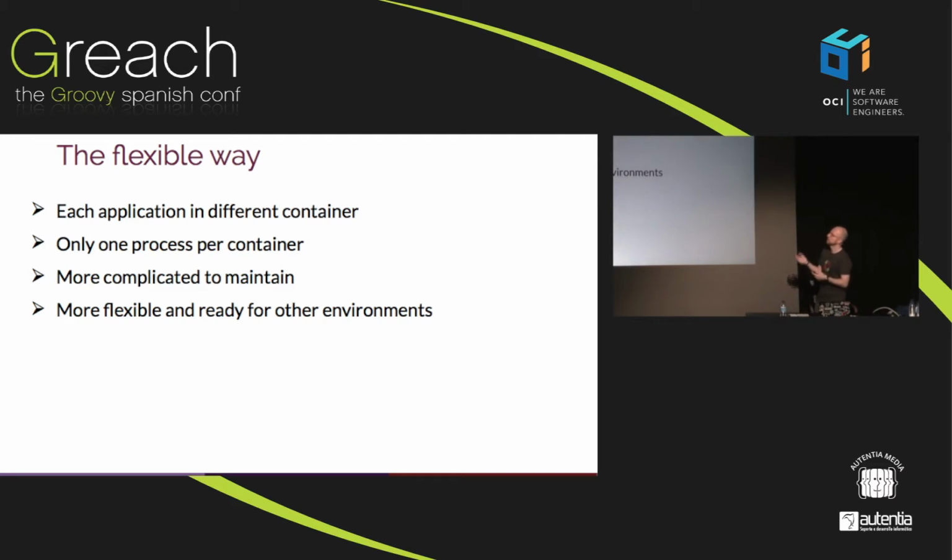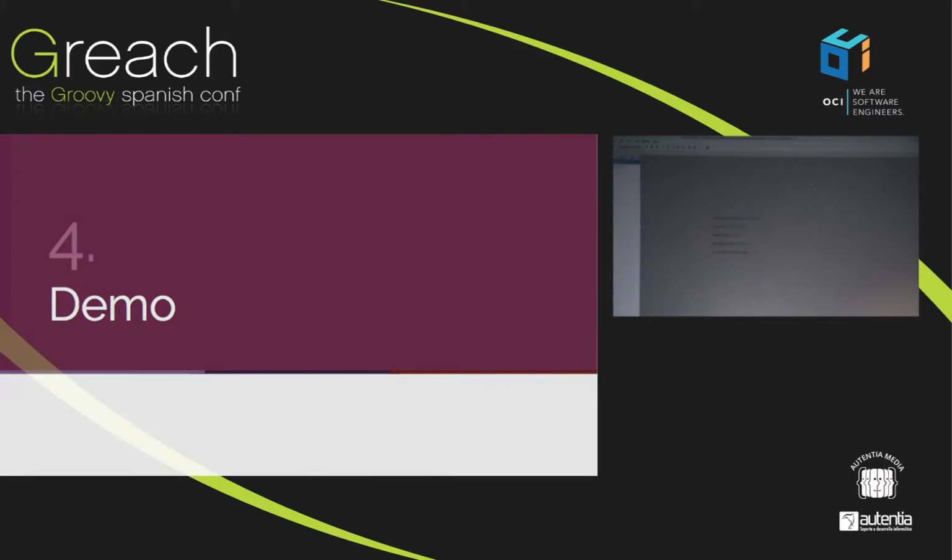The example is going to be very simple, but if your architecture is more complex, you need to do more things, but it's more flexible. It's ready for other environments, so you can use it on CI, on pre-production, or on production if you want. So, as I said, I have here this producer and consumer Grails application. Let's start presentation mode.